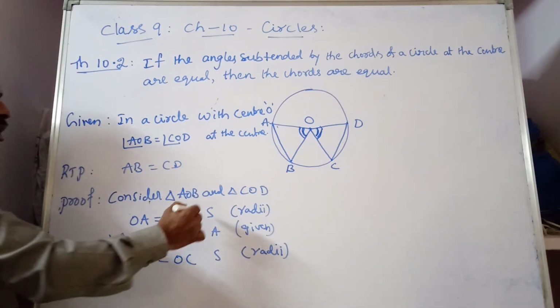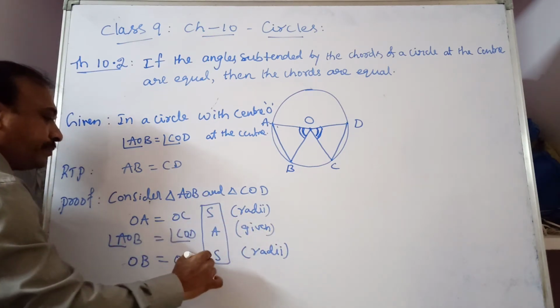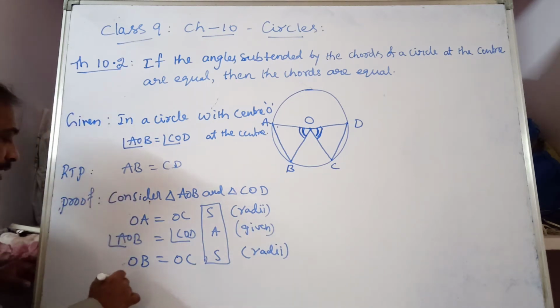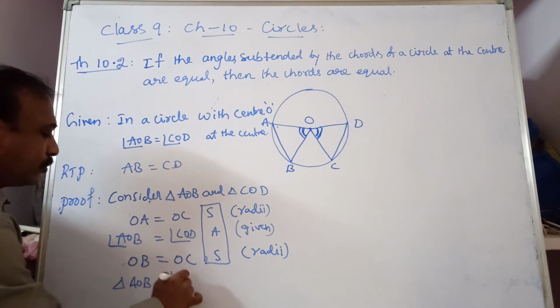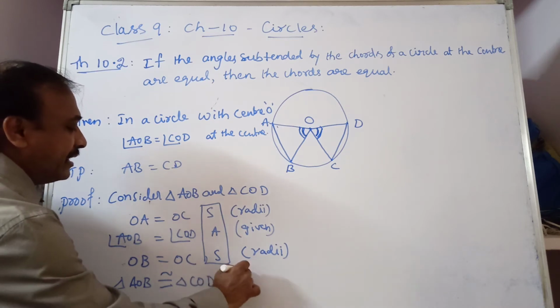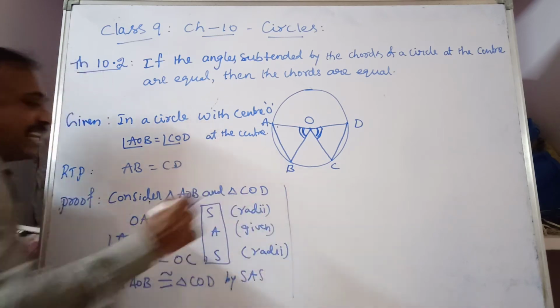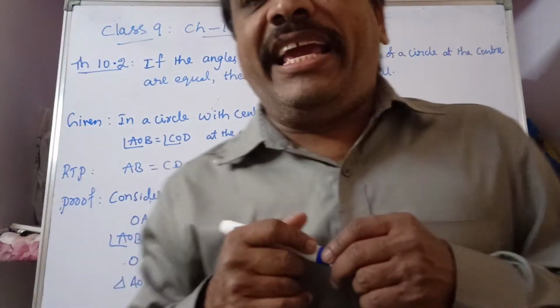Now you tell me the congruence criteria which we obtained here, that is SAS. So triangle AOB is congruent to triangle COD by SAS congruence criteria.